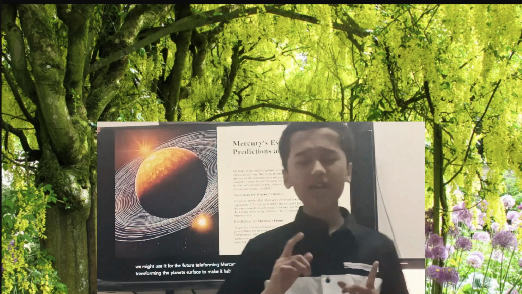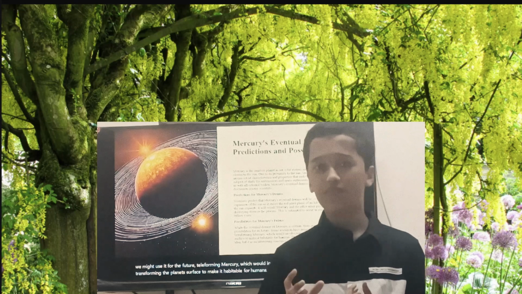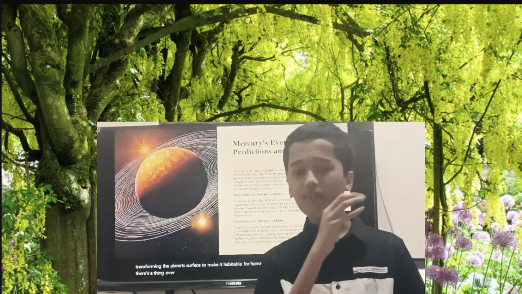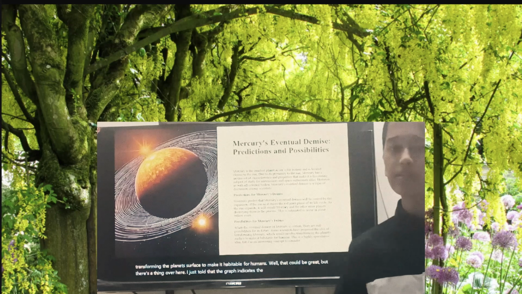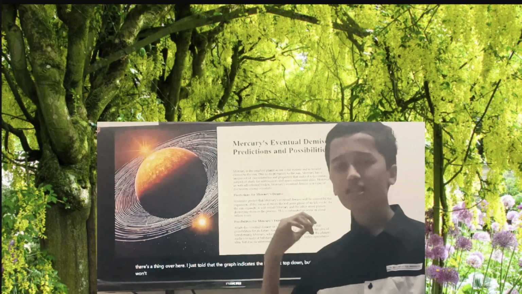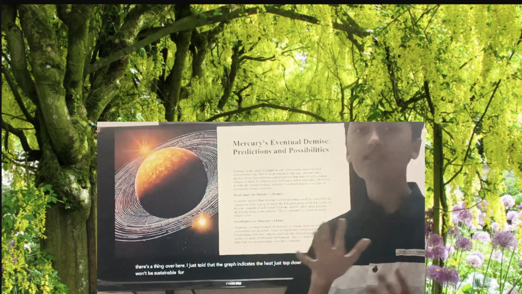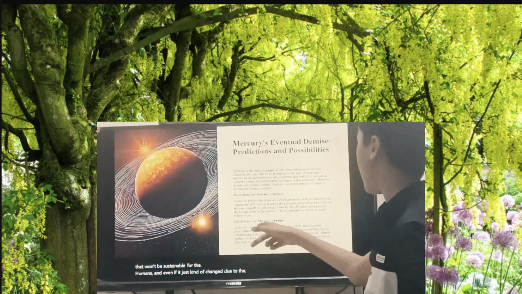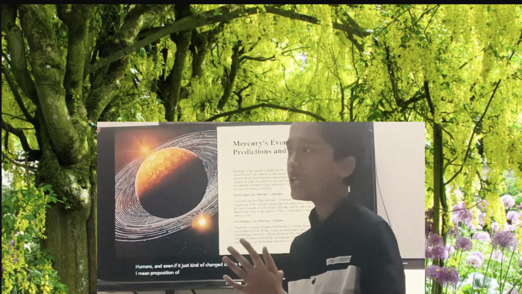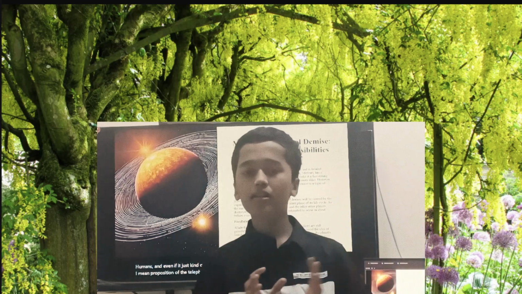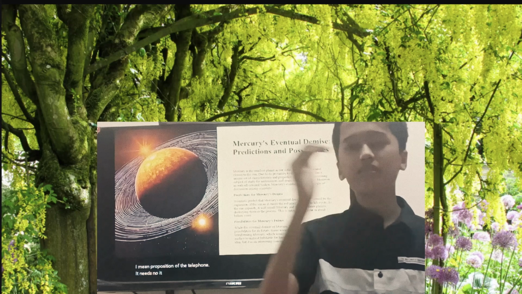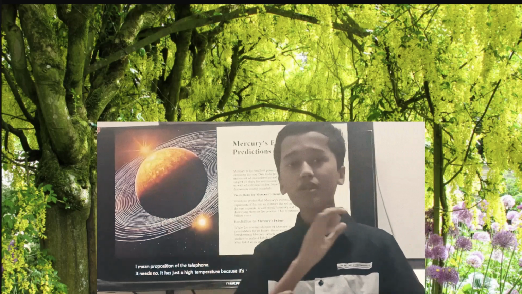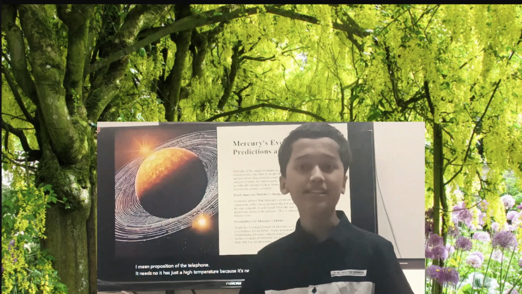Well, that could be great, but there's a thing over here. I just told you that the graph indicates that the heat just dropped down, but that won't be sustainable for humans. And even if it changed due to the proposition of terraforming Mercury, it has a high temperature because it's near the Sun, and all the water can be evaporated.